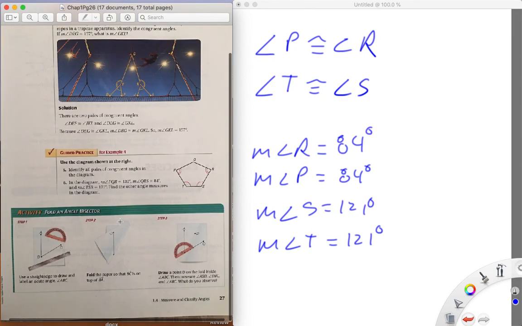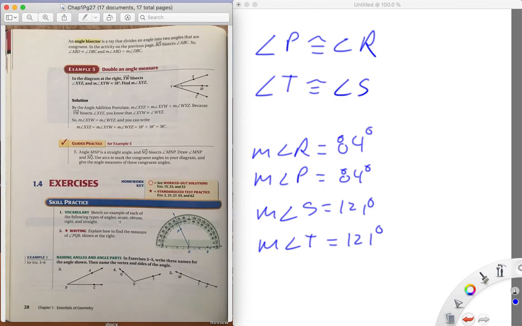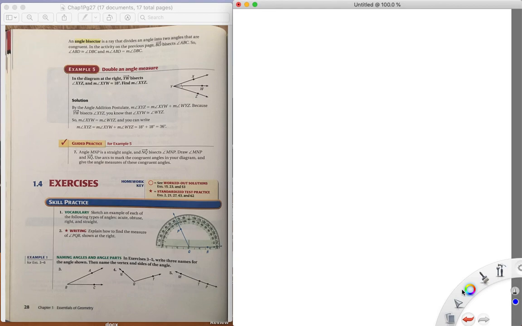We're not constructing any angles. We're not constructing any angle bisectors, so you don't have to worry about that. However, if we were in a regular class, there might have been a possibility. Angle bisector. So we talked about a concept of the segment bisector earlier in the previous section. So if a segment bisector cuts a segment in half, then an angle bisector cuts the angle in half.